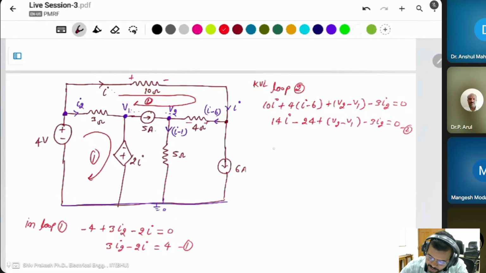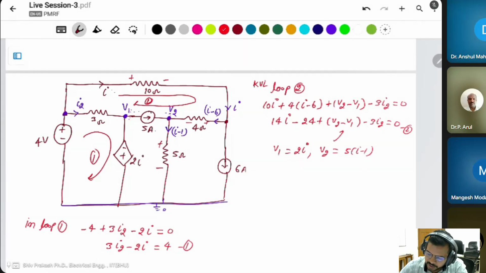What is V1? This is 0 potential, and this is V1, voltage with the negative connected here. It will be 2I. And what is V2? Same voltage drop across the 5 ohm resistor and current, so resistor into current. This will be 5 times I minus 1.